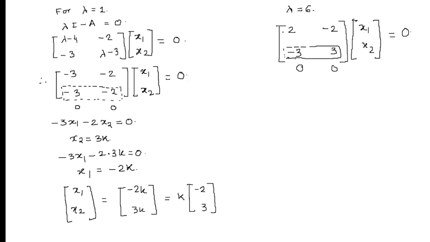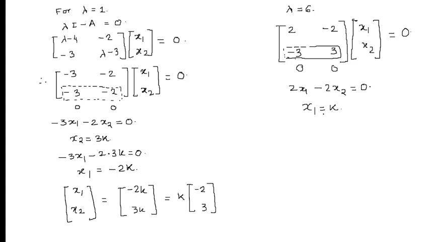So what is our equation? 2x1 minus 2x2, this is equal to 0. I told you that we will try to make these two factors equal. So here both of them are the same. So I am considering that x1 equal to k.